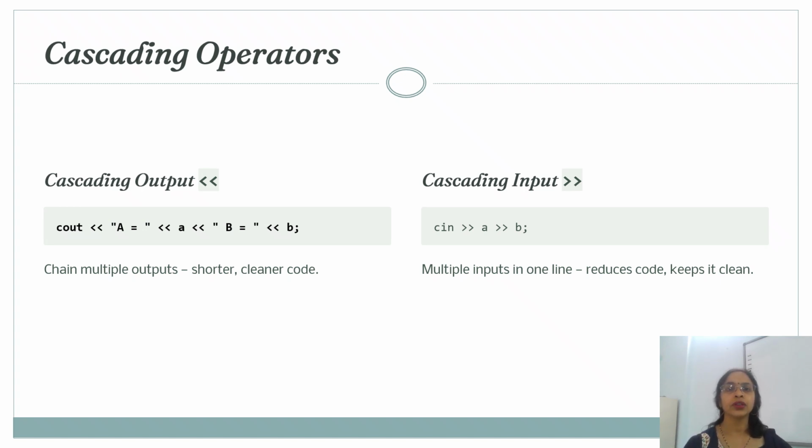It makes the code shorter and cleaner. Here we see the example. Cascading means we use the double insertion operator many times for the variables we want to print. And similarly for input, cascading input, we write multiple operators here.